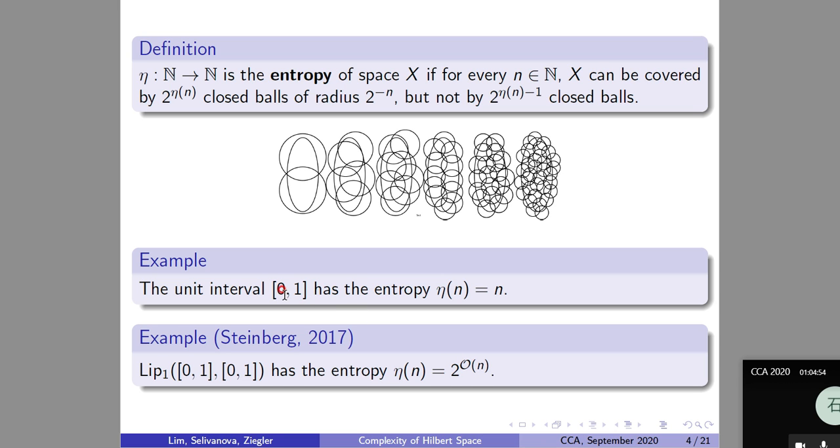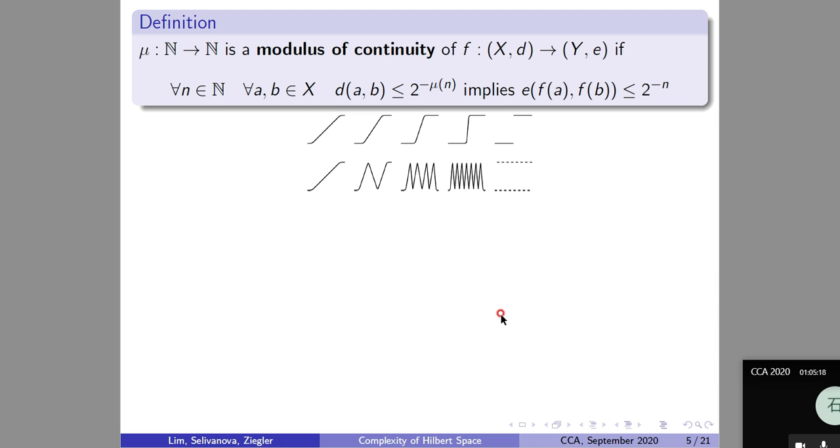Intuitively, the space of one Lipschitz functions feels much more complicated than the unit interval, so it has a much larger, fast growing entropy. This entropy captures our intuitive notion of the complicatedness of the space. Next, the modulus of continuity. Consider functions, some of which are discontinuous and some continuous.